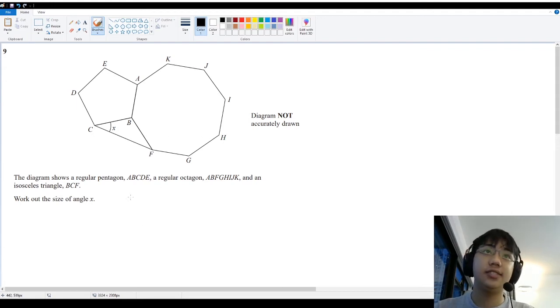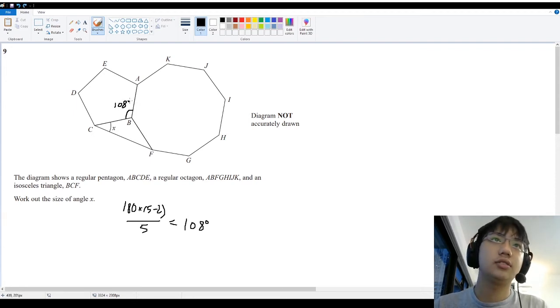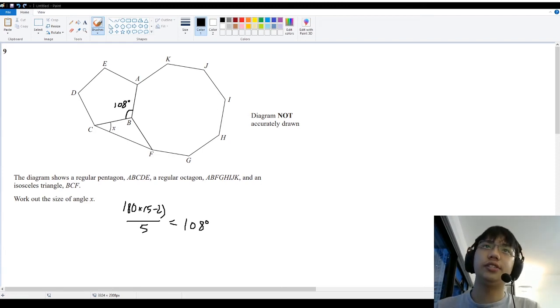So the size of angles within a regular pentagon would be 180 times 5 minus 2 over 5, which equals 108 degrees per angle. So this is 108 degrees.